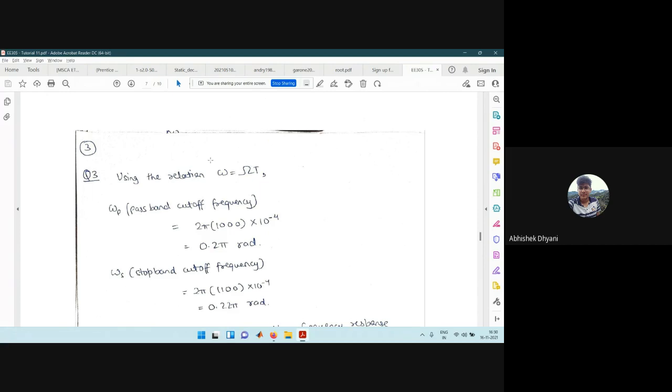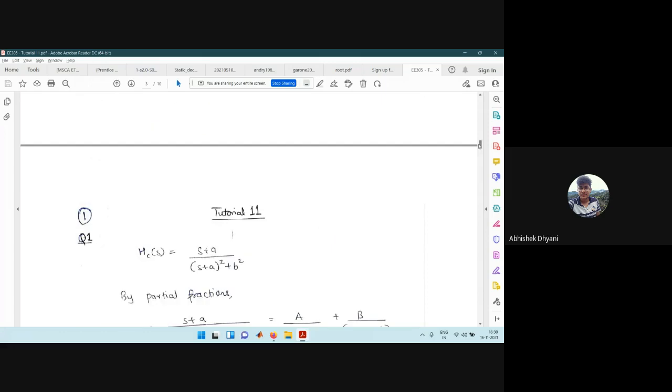The first thing you need to remember is this simple relation of how the frequency variables are related for discrete time and continuous time. In discrete time, the small omega is capital omega times capital T, where T is the sampling rate.